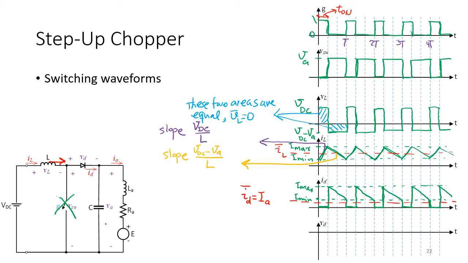So ID is equal to IC plus IA. So ID average is equal to IC average plus IA average. But IC average should be 0 because the voltage across the capacitor is constant. So ID average is equal to IA. We said IA is constant.